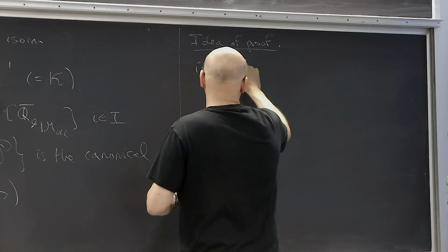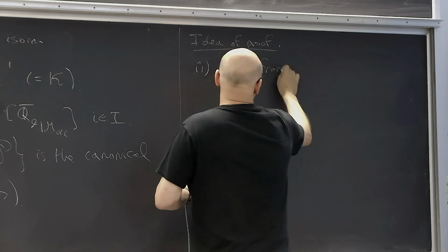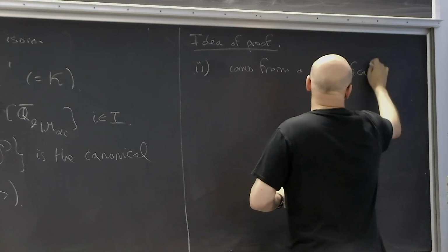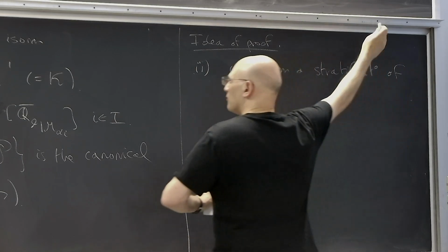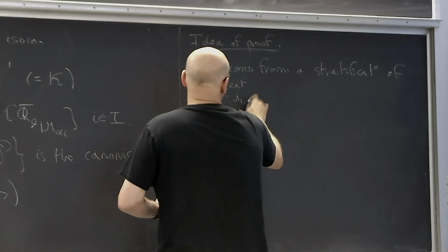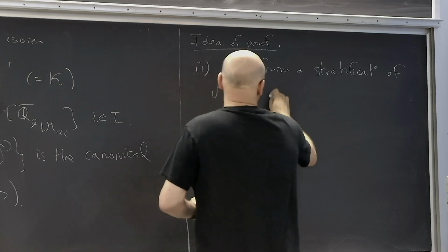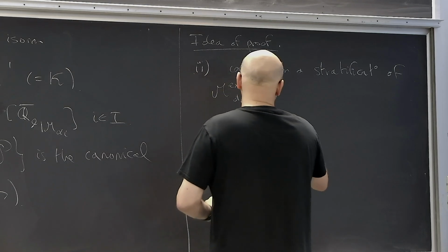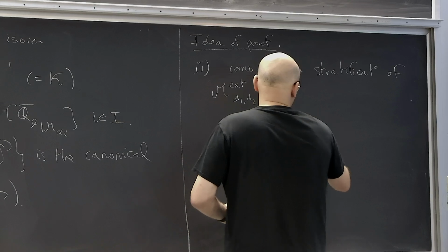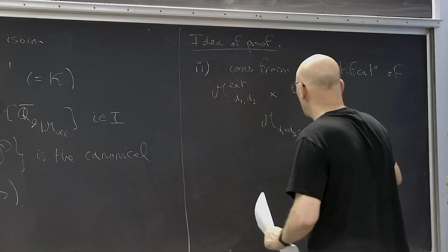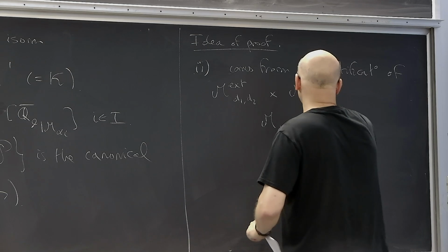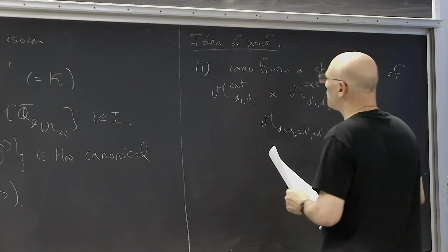And so it comes from a stratification of what? You consider this mx d1, d2, and then this goes to m d1 plus d2, and then you decompose d1 plus d2 in another way, d prime 1, d prime 2.